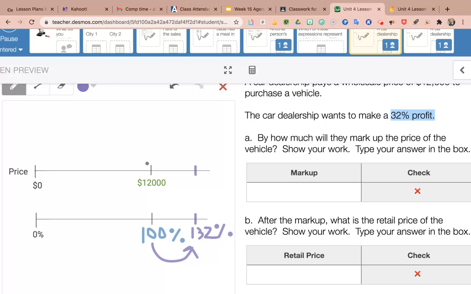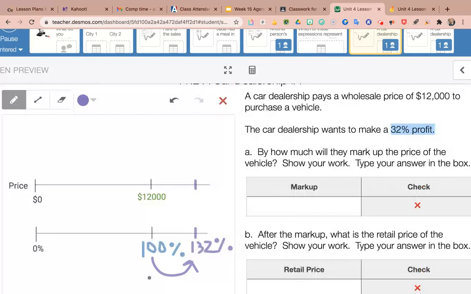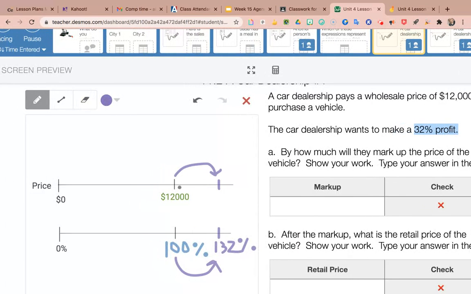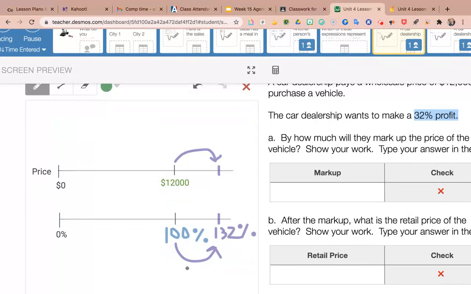How much will they mark it up? So I'm trying to figure out when I move 32%, how much am I moving on the top? I can do this two different ways. I'm going to show you one way first. I'm moving up 32%.